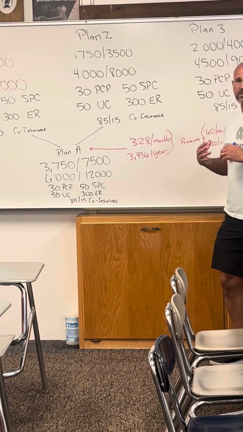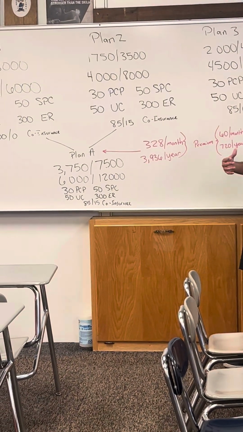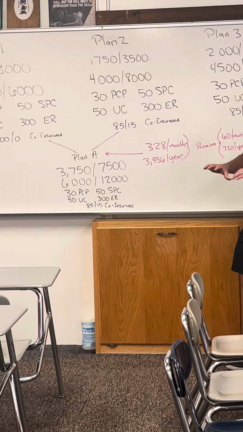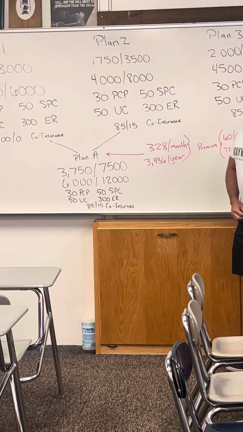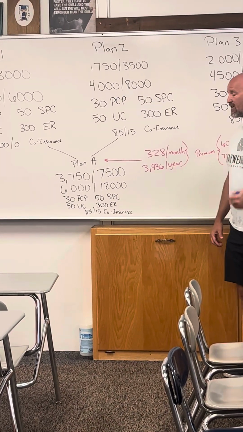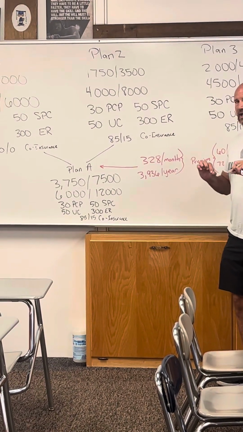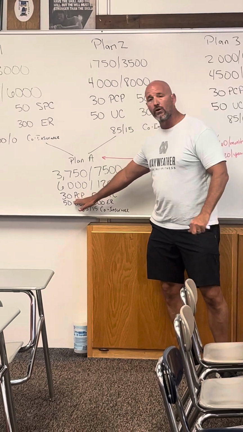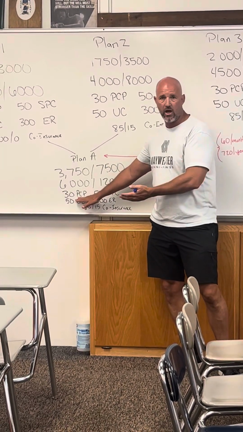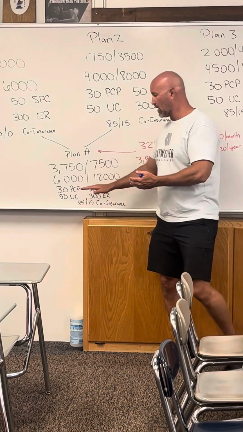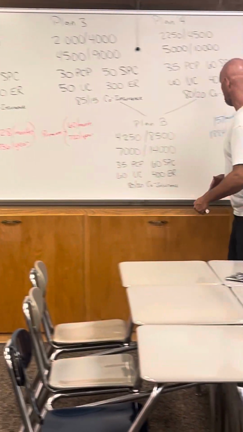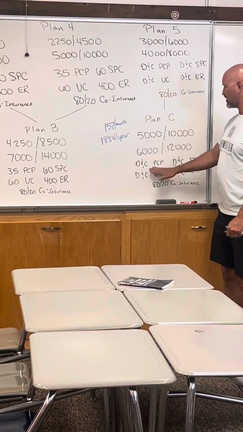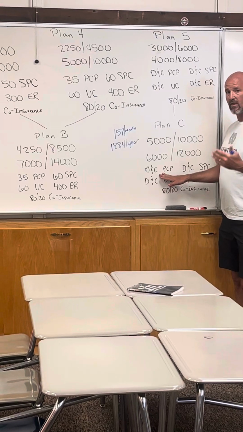Now, I sat down with an agent one time and said, why would somebody choose this? And I know I'm biased, and so that's why I'm saying, if you have a different opinion, I'd love to hear it. But they said a lot of people like to have the comfort of knowing that if they go in for the flu, they just have to pay that $30, okay? Whereas on this plan over here, you go into that doctor visit, you're going to pay a lot more than $30 for that visit.